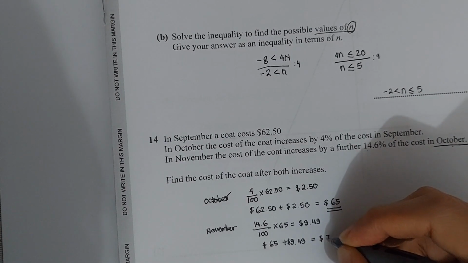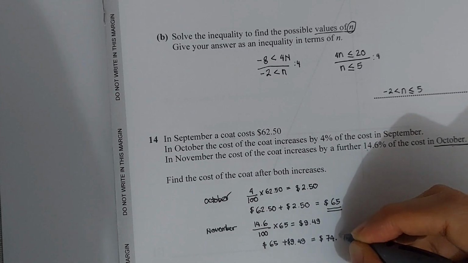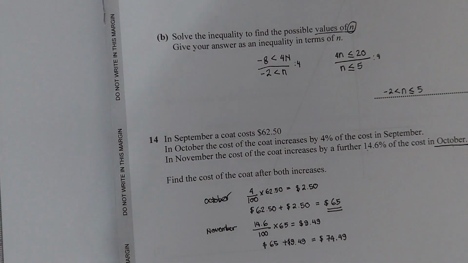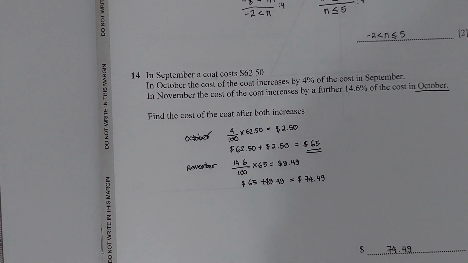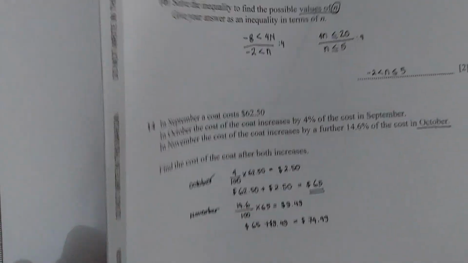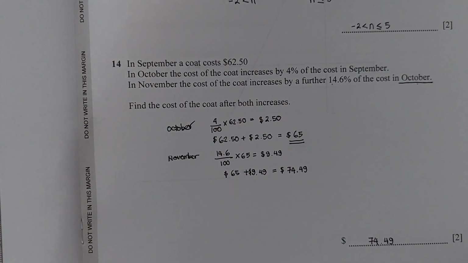So 74.49, or $74.49. So in here I will write it $74.49. Oh, okay. I hope the working is visible until November, but this is how you write the answer. Put the result on the space given there.